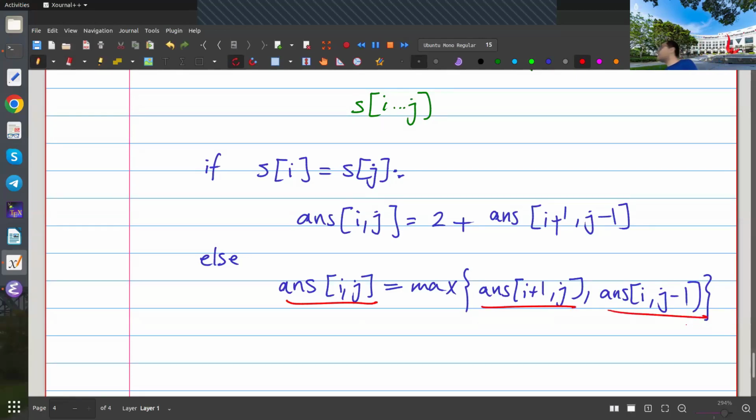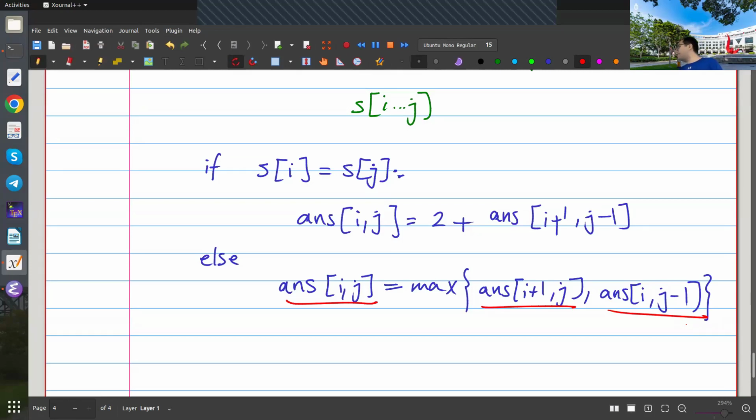So I need to have this topological sorting, but as you see, the answer for Ij actually depends on the answer for I plus 1, j. So I cannot just go in the order of increasing I, because in that case, I have not yet calculated the answer of I plus 1, j when I'm calculating the answer of I. And also it depends on the answer of I, j minus 1. So how do we order our calculations?